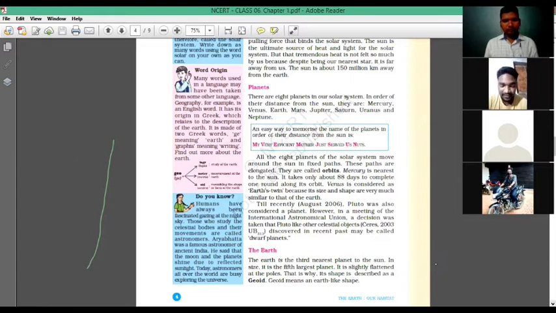So can anyone tell me who is the first person to step onto the Moon? Neil Armstrong, sir. Very good. This is a very well-known question to all of us. That's Neil Armstrong.